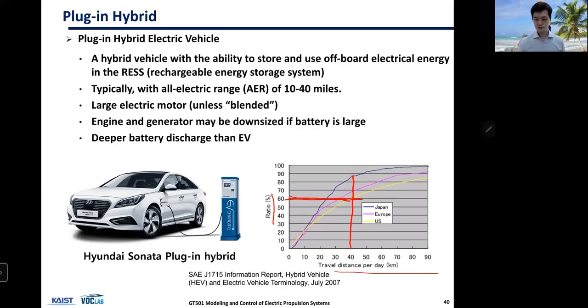Many people use their vehicles as a commuting transportation mode. So as long as you're traveling short distance, you can charge and commute in EV mode, and you don't have to consume fossil fuels, right? But when you have to travel long distance, you can start running your engine, and it works just like a conventional hybrid, right?